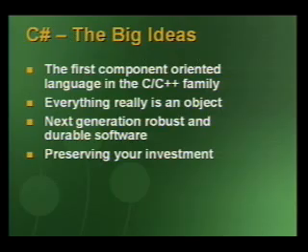As another design goal, we wanted this language to enable you to write the next generation of robust and durable software. And finally, we want to make sure in our language design that we preserve the investment that you probably already have in C and C++.